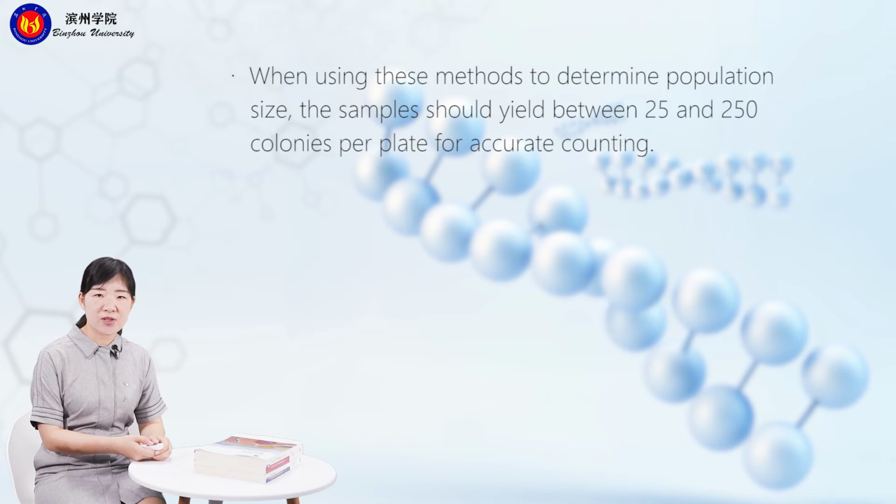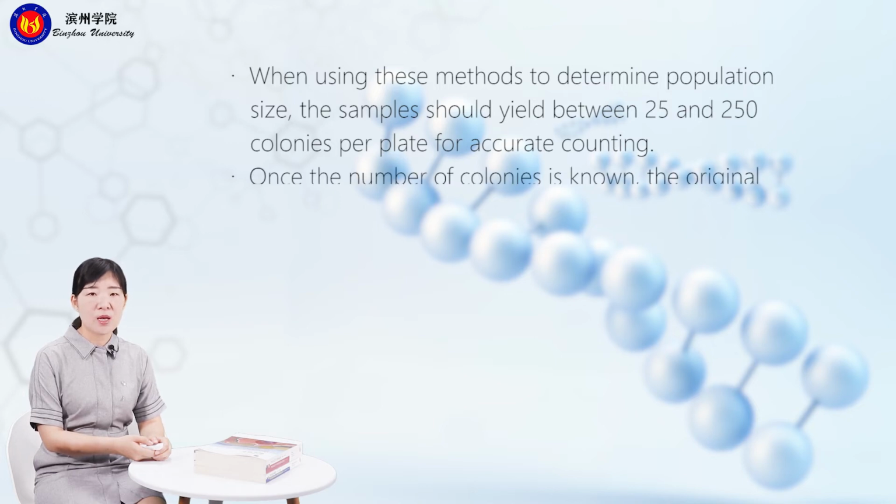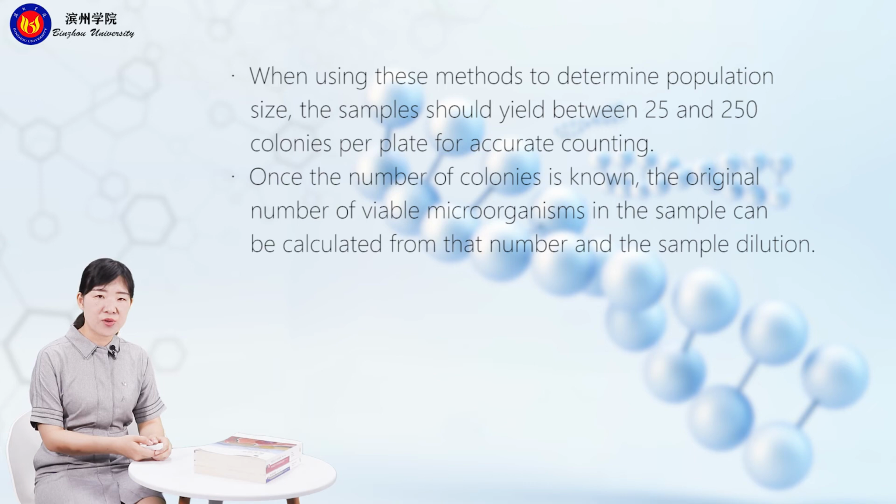When using these methods to determine population size, the samples should yield between 25 and 250 colonies per plate for accurate counting. Once the number of colonies is known, the original number of viable microorganisms in the sample can be calculated from that number and the dilution.